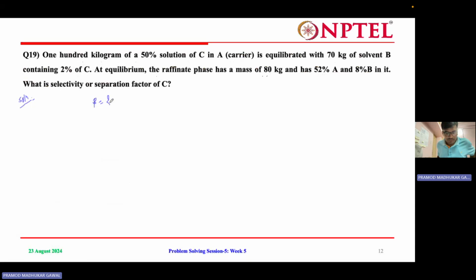So first we have to know what properties are given.